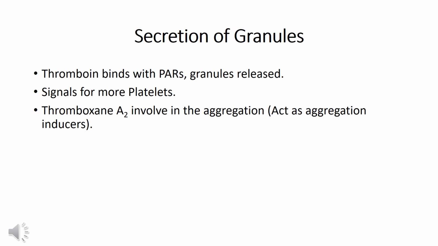So more release of granules causes more aggregation and gathering of platelets at the site of injury. There is another important aggregation inducer, thromboxane A2. Thromboxane A2 is also released from platelets and induces more aggregation of the platelets.